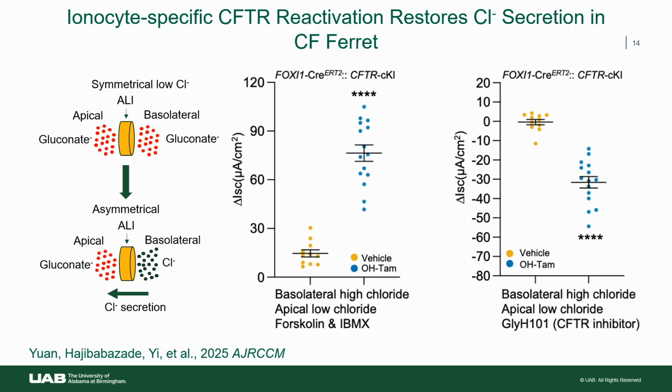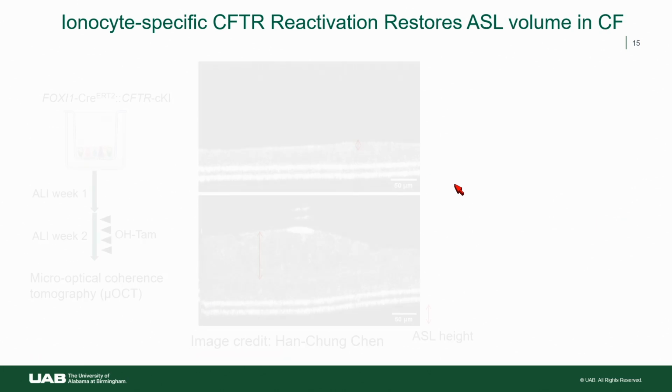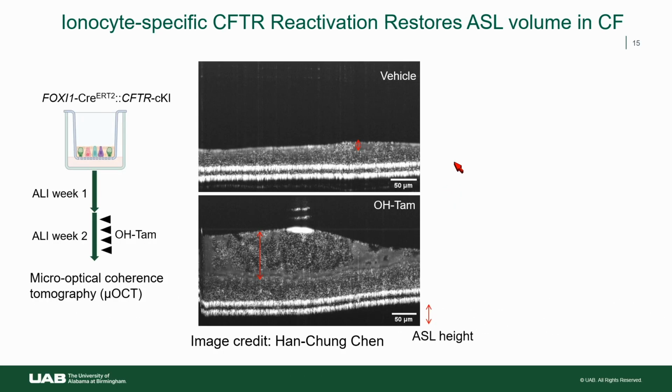Then by quantification, we can find that the CFTR chloride secretion is restored in the ionocyte-specific CFTR reactivated group. Next, we're trying to address how the airway surface liquid volume changes.